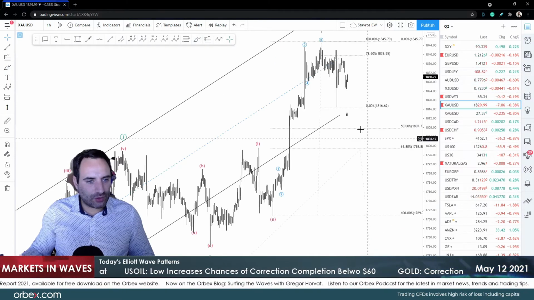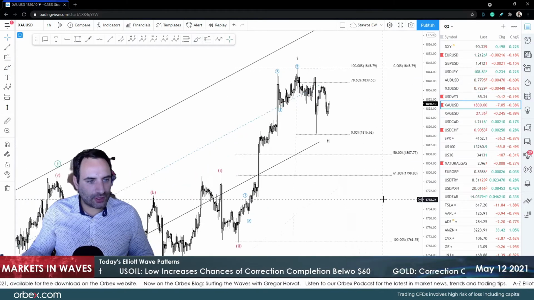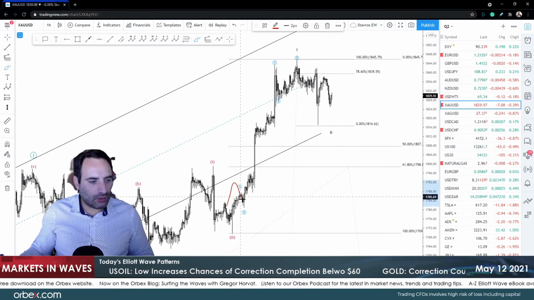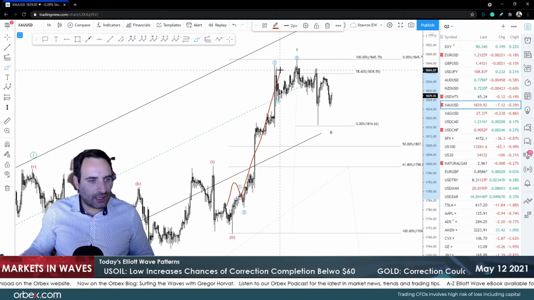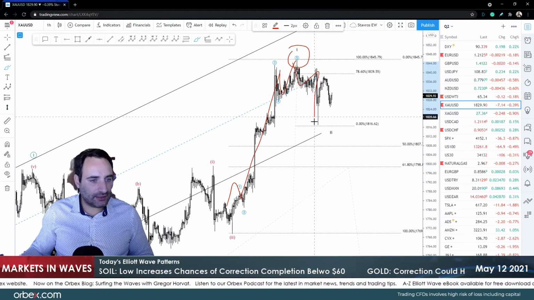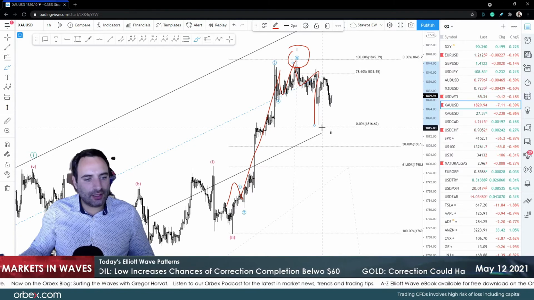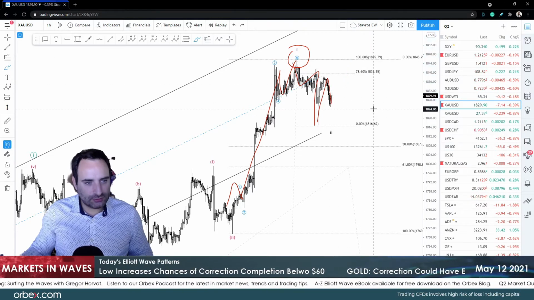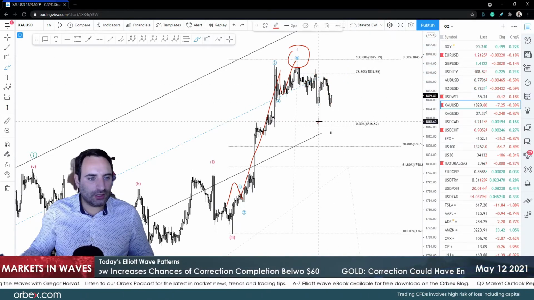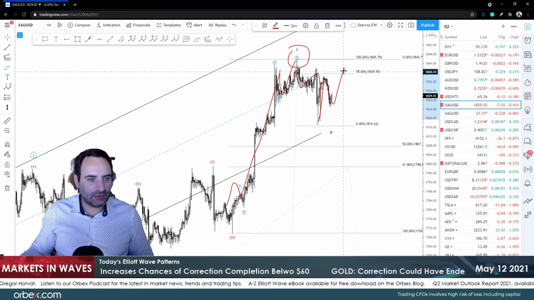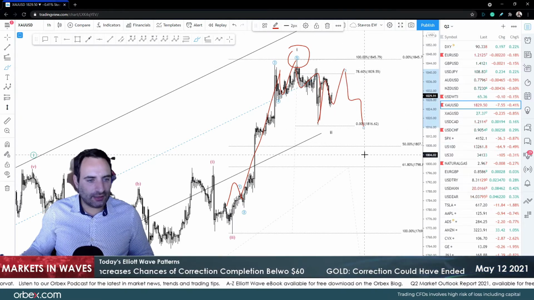Now let's have a quick look at gold. We talked about the correction yesterday, and that came through. Now what I'm looking at is this 3, 4, and 5 having ended here, wave 1. That looks like a clear ABC, and there could be a case now that this is 1, 2, and we're going to continue higher, or this is going to be an ABC, and we're going to get another ABC down.